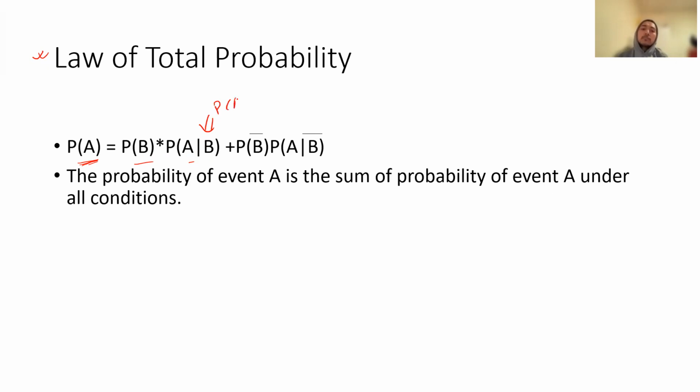Suppose we have P of A bar B here, this is read as probability of A given B. This is how we read this sign. Likewise, B bar means not belonging to B, probability of A given not B. So this is the formula for calculating the probability of A. Okay, so I will give you an example of this.